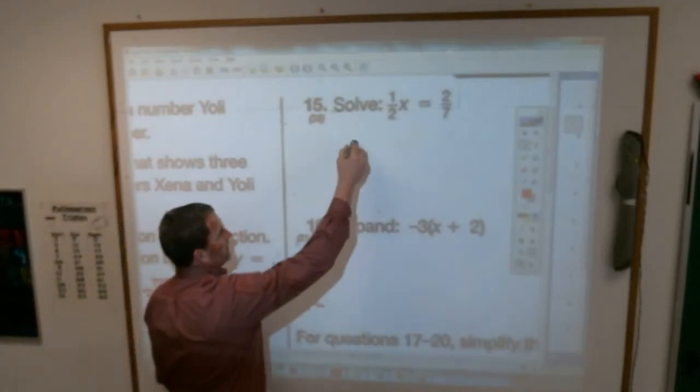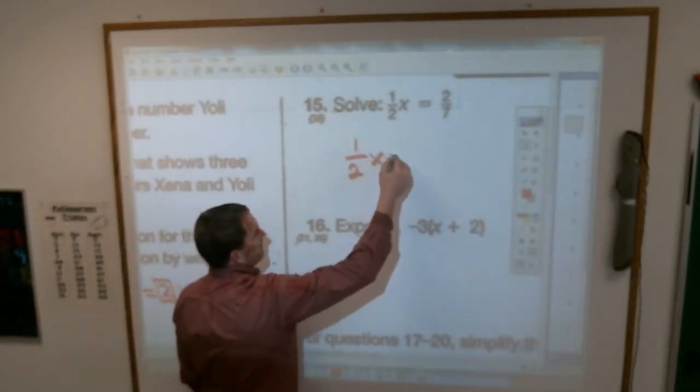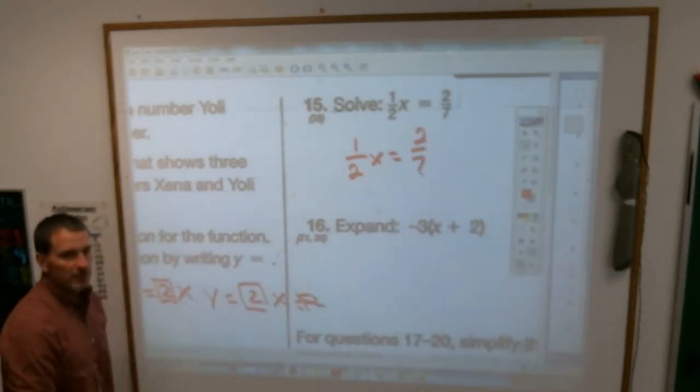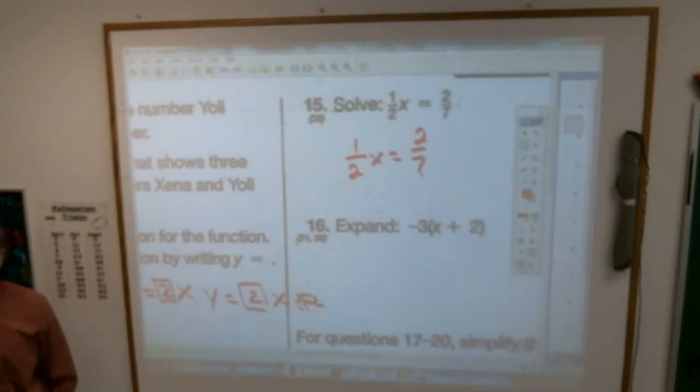This one here, just because it's here and I like it, gives me a chance to say this for the 35,000th time. If you have an equation and there's a fraction in front of the letter, Maddie, what do you do? Yes, you do, but I usually give you an easier way to do that.